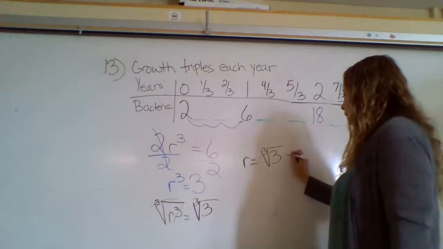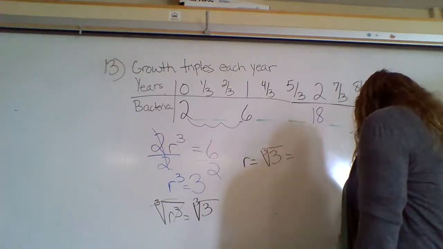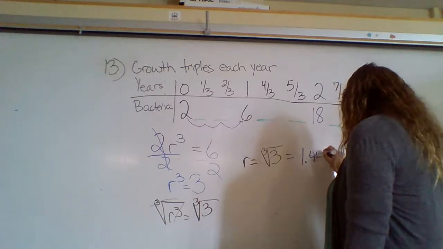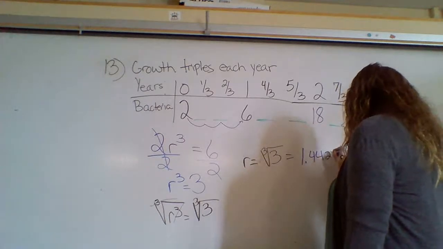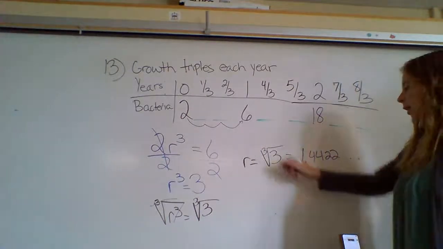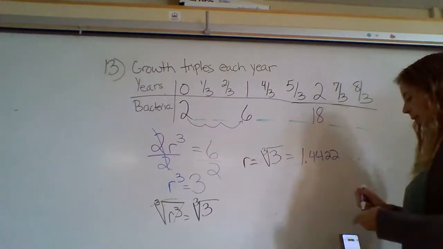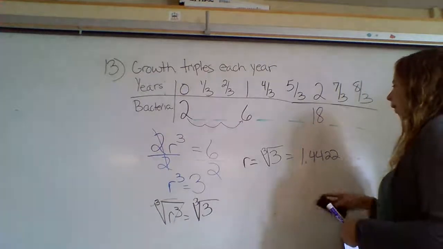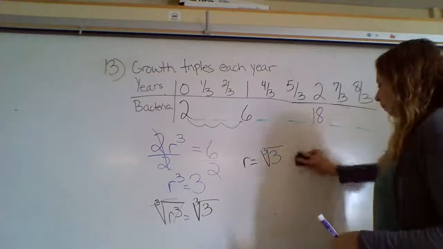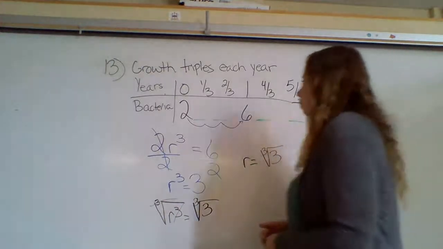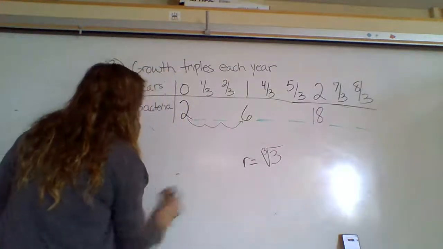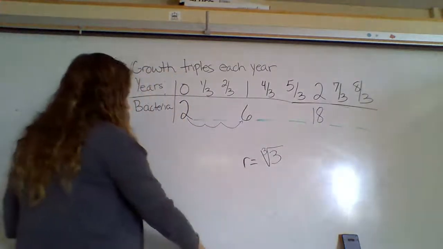But really this is 1.4422... Okay, so it is a real number. We're just leaving it in this form because this is messy. And it also makes it easier to see what we're doing as we go through the table. That's our R. So that's what we're multiplying by each time.